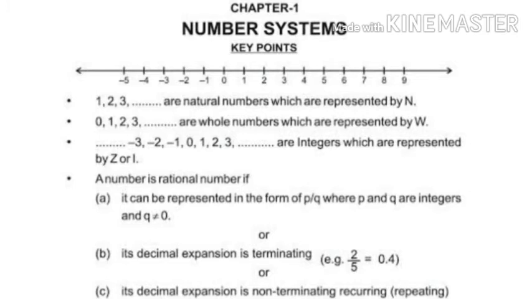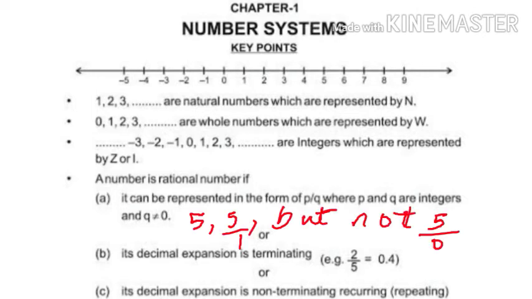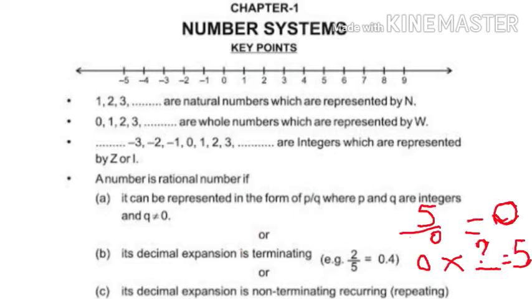Why children? Because if the denominator becomes 0, suppose I write 5. 5 is a rational number because it can be written as 5 by 1. But if I write 5 by 0, then the answer will be 0, isn't it? But can we find 0 multiplied by something equal to 5? No. So it is not considered, q should not be 0. The denominator should not be 0.